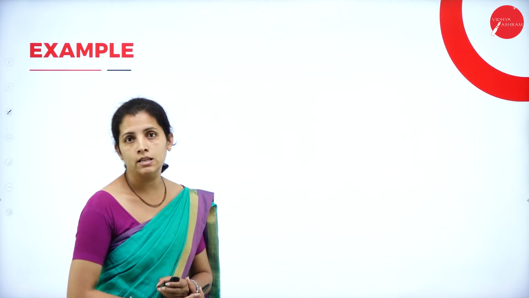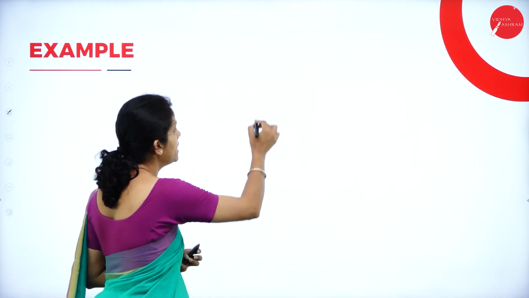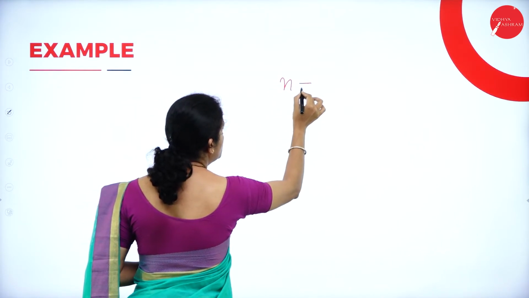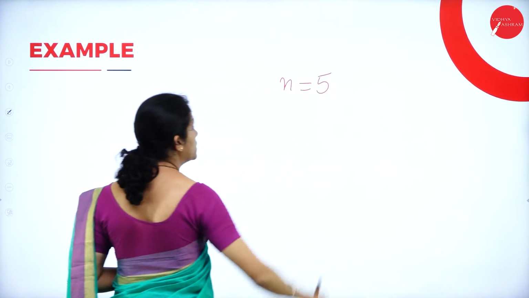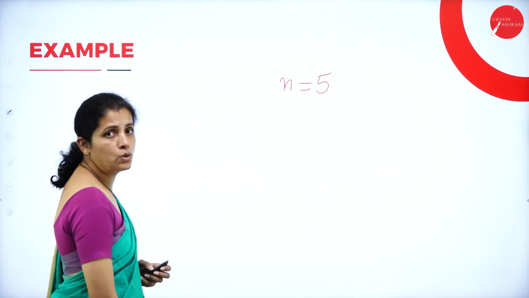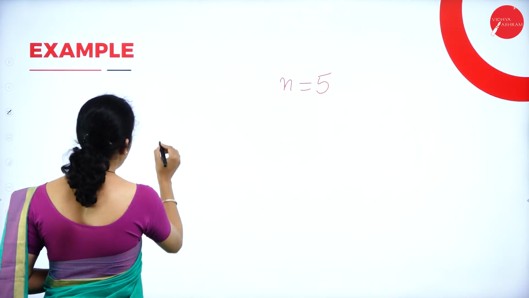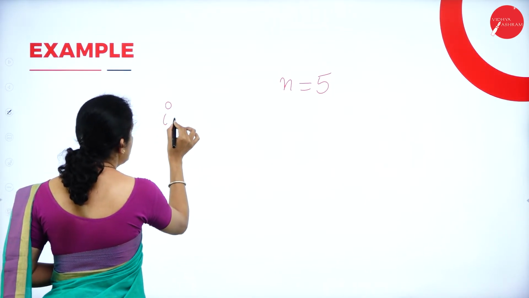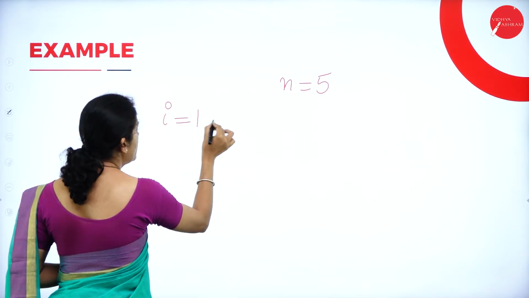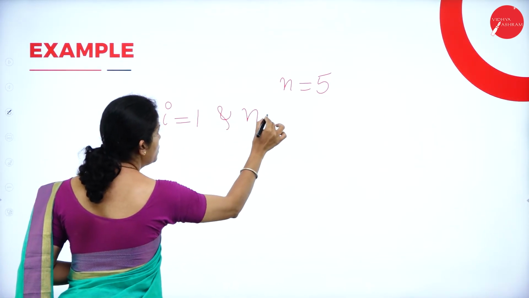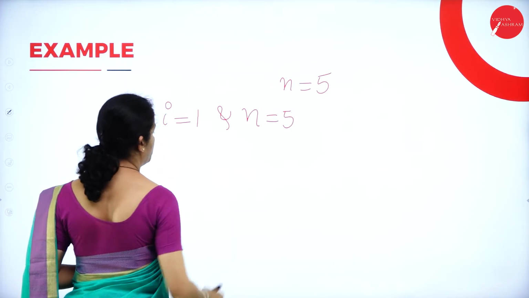Now, dear student, let me consider a simple example here. I want to display natural numbers, say n equal to 5. For example, I'll take i equal to 1 and n equal to 5.